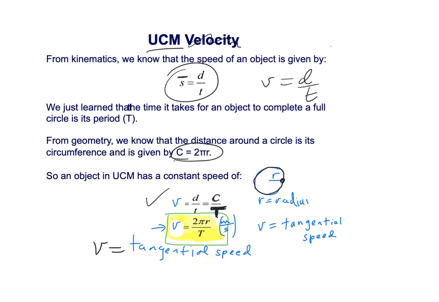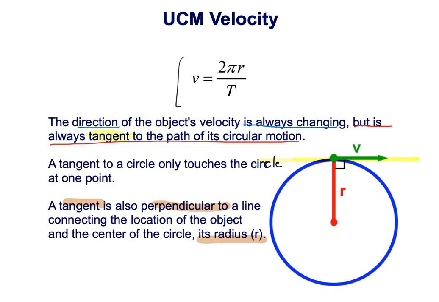I should call this UCM tangential speed, not angular speed. Here in yellow is the equation we'll be using to determine the tangential speed: V equals 2 pi r over the period. R is the radius, V is the tangential speed, and big T is the period, the time it takes to do one orbit.